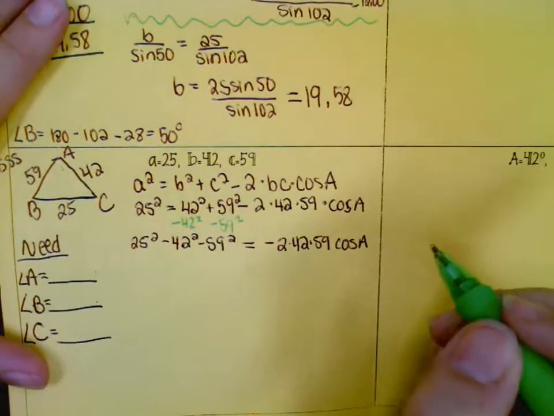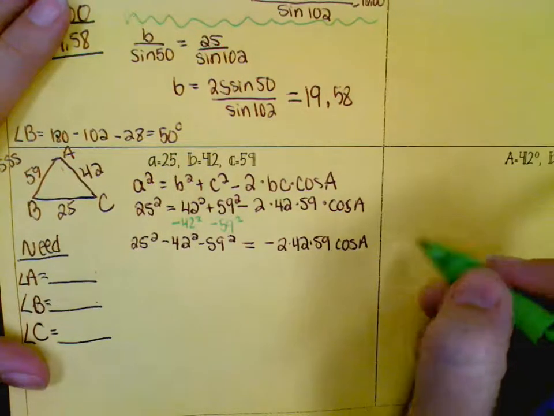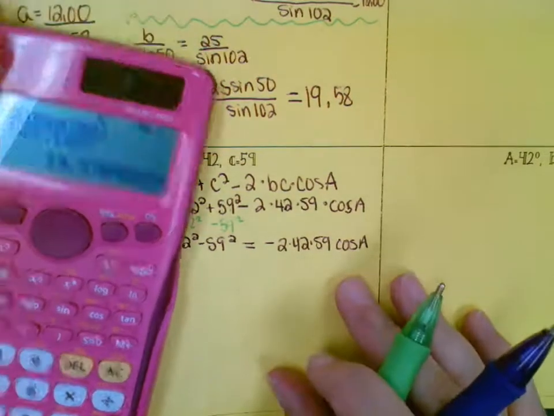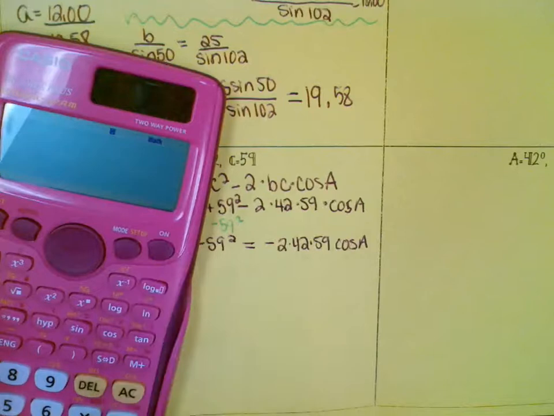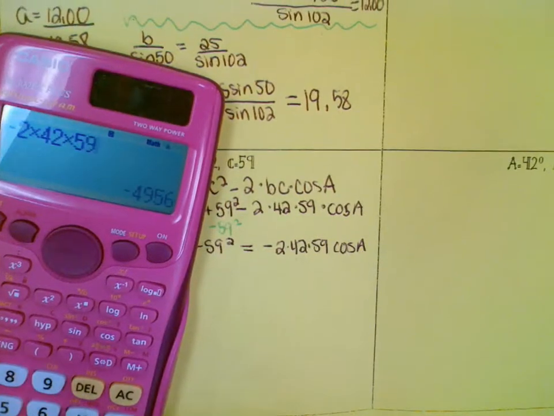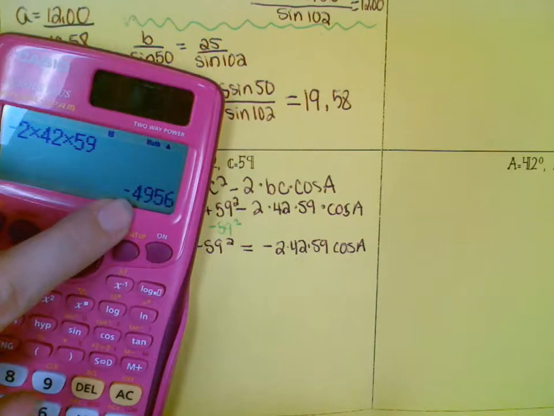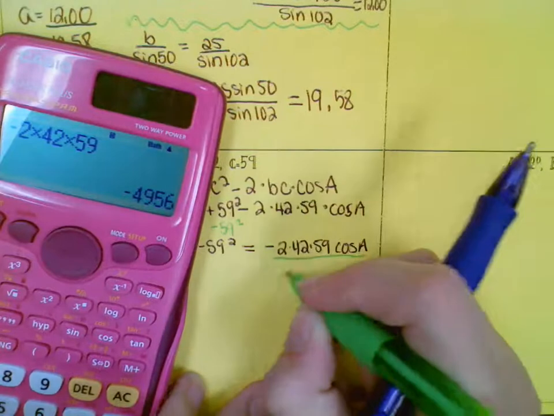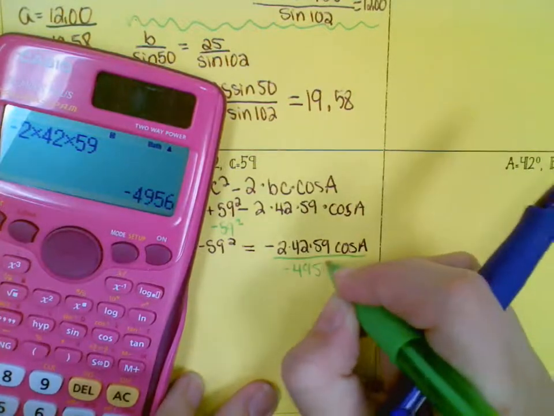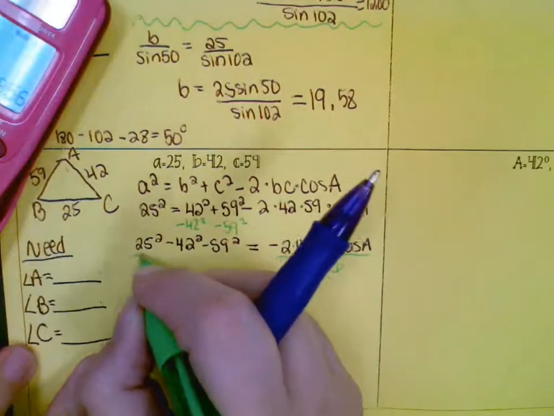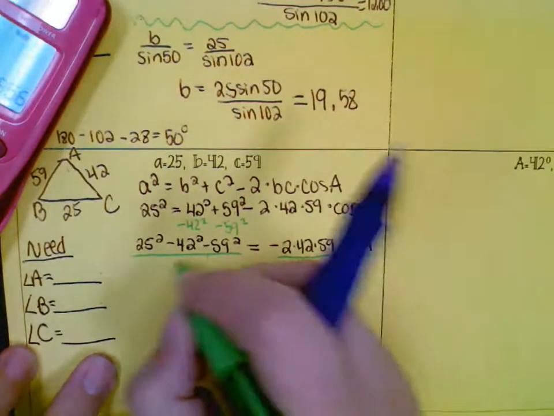For that one, if you want to multiply it out and divide by just the number instead of writing times, times, times, you can. If we multiply it, -2 times 42 times 59 is -4,956. So really what we're dividing by is -4,956. You could have just written it like that, like I did with the squares, or you could be squaring everything as you go.